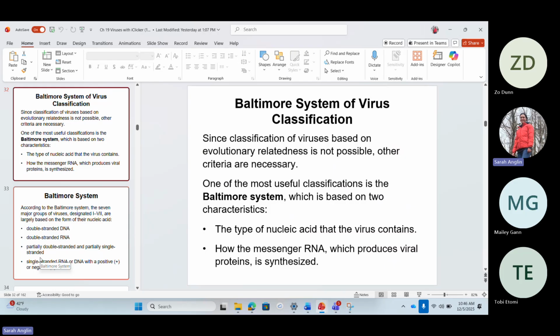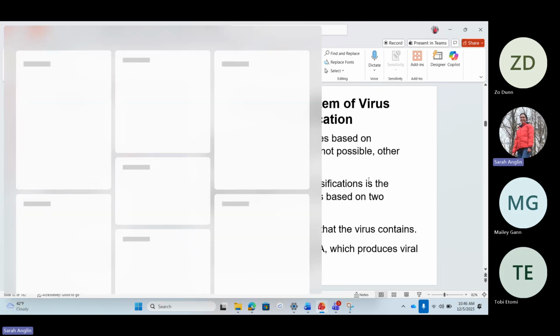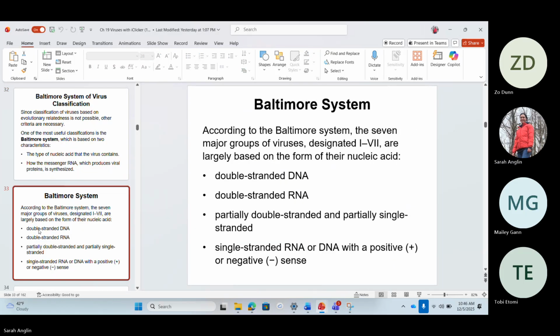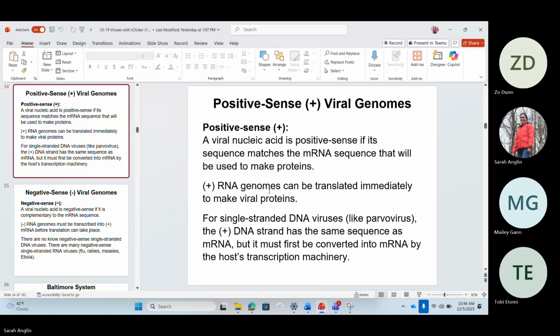Make sure you understand what is meant by negative sense and positive sense when it comes to the Baltimore system of virus classification. This is the best one to study when you're trying to understand what positive sense is, if you still need further clarification.